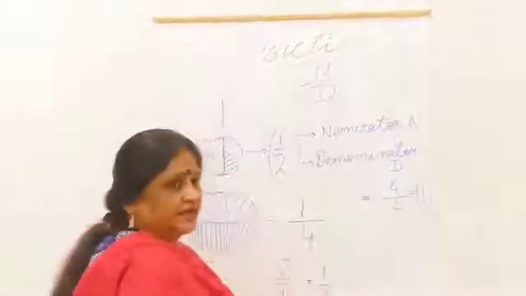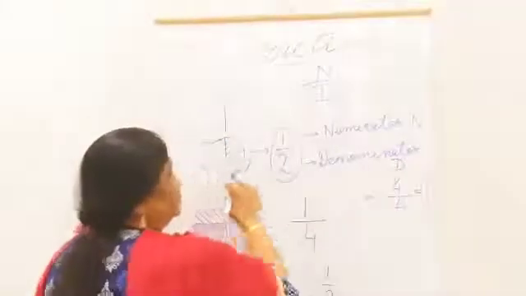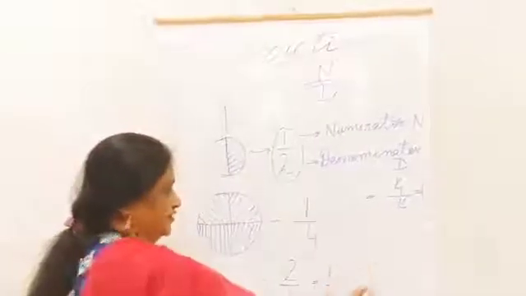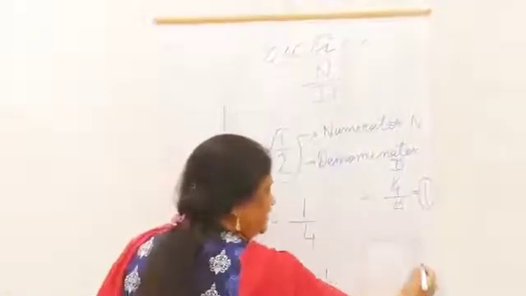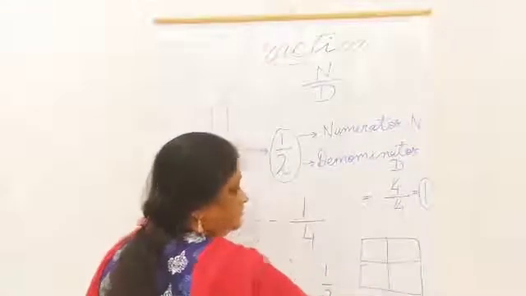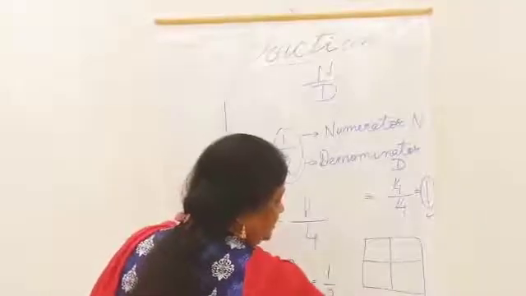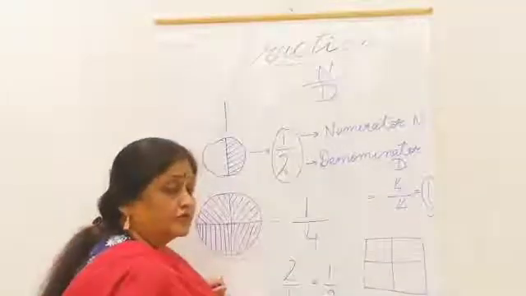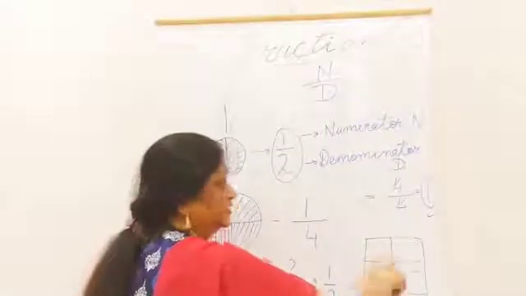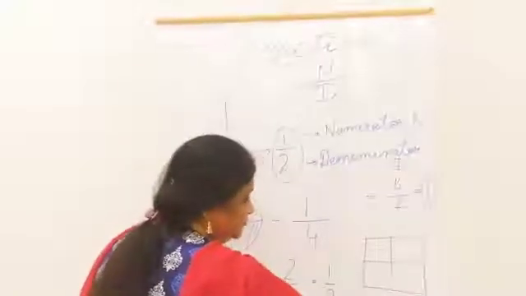Now what is the denominator? The denominator means the number of parts into which we have divided the whole. If I take a square and divide it into 4 parts, how many parts have I made? 4. So the denominator is 4 here.